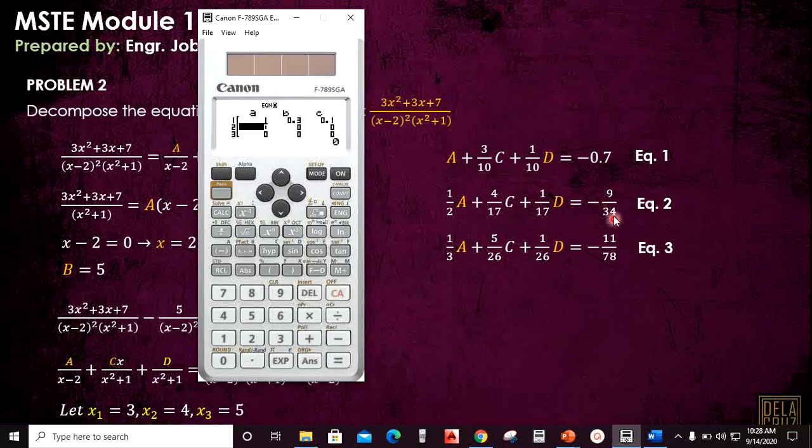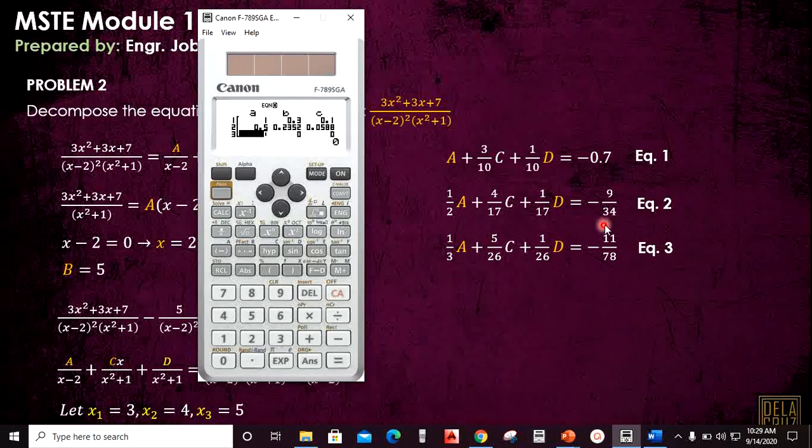Take note, if we do simultaneous equations on the calculator, the arrangement we use at first, A as the first unknown, C, then D, must be the same for all equations. Because it will not give the right answer if the arrangement is different, for example C first, then A, then D. So, this one, 1 half or 0.5, and 4 over 17, and this 1 over 17, and negative 9 over 34.